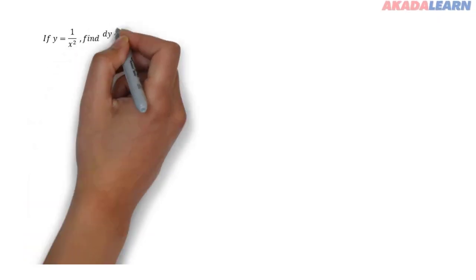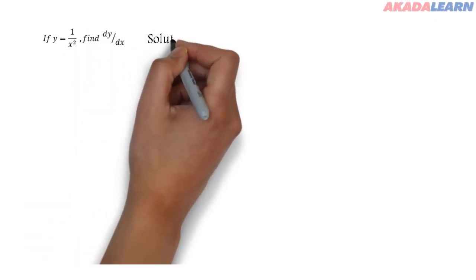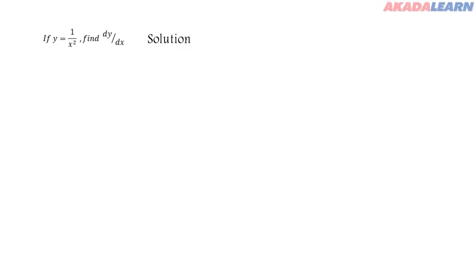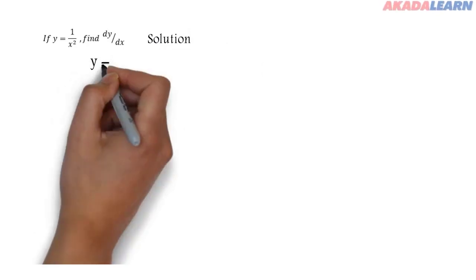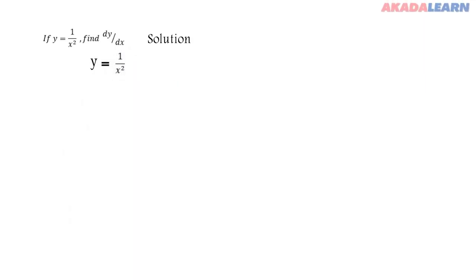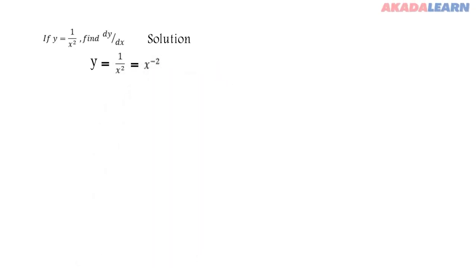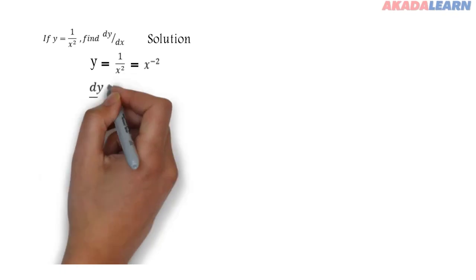Now if y is equal to 1 over x raised to the power of 2, we are asked to find dy/dx. So let's see how to do that. The first thing, we write our question. But when we look at this properly, we can see that we can apply our negative index law from indices. So we can rewrite 1 over x squared to be x raised to the power minus 2.